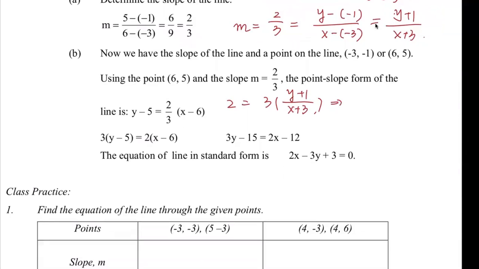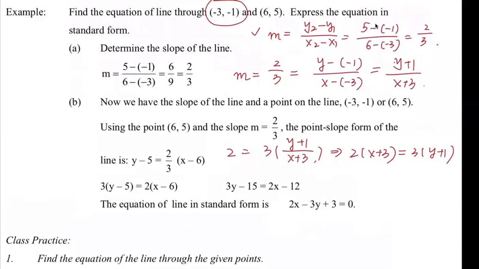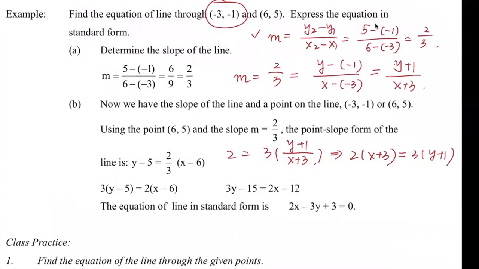This becomes 2 times x plus 3 is equal to 3 times y plus 1, right? Now we open all the brackets. We need to express this in the standard form, so like I said, we need to move everything to the left side and leave the right side 0.